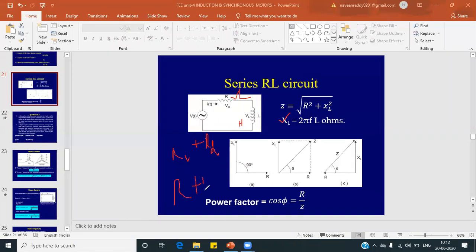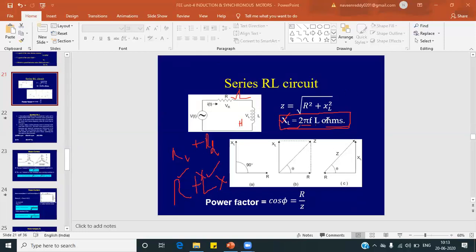No, because resistance units are ohms and inductance units are henries, so you cannot add them. So we transform inductance in henries into ohms. That is XL, the inductive reactance, which is 2 pi fL, with units of ohms.